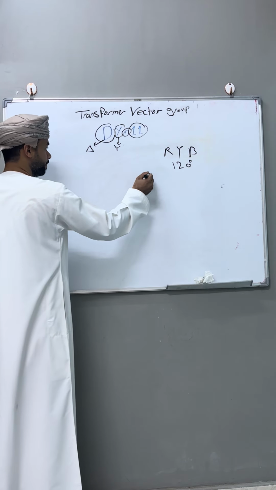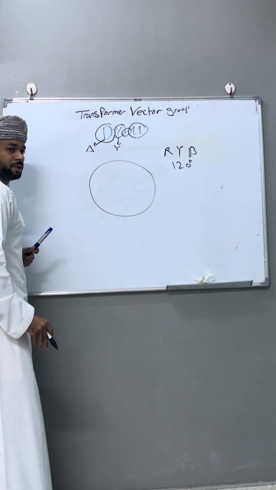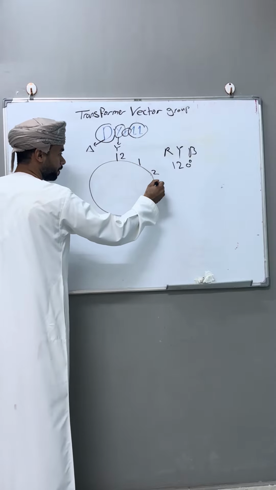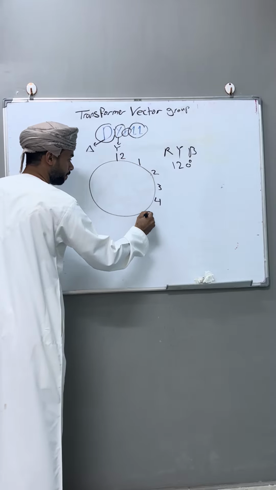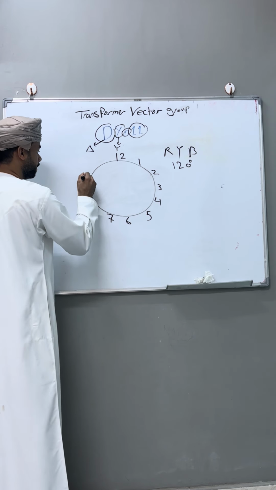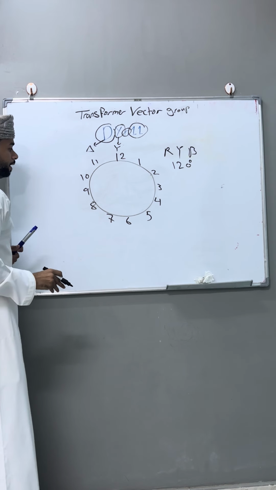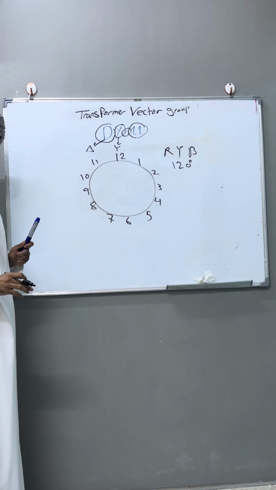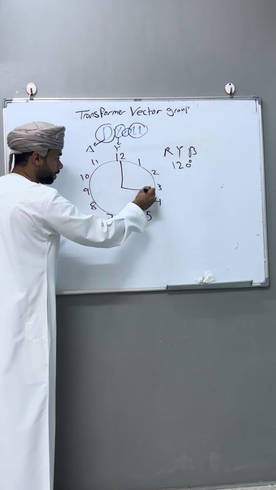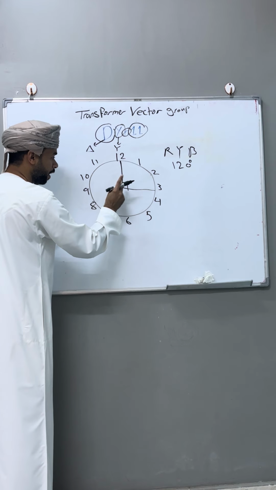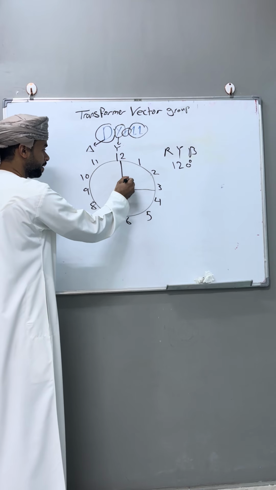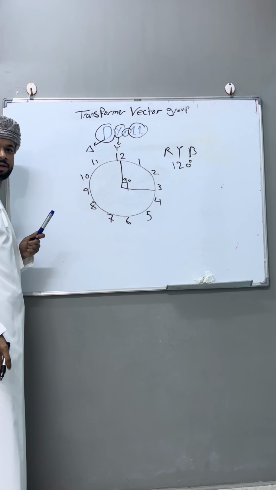Now let's draw a clock like this one, and here we have 12, 1, 2, 3, 4, 5, 6, 7, 8, 9, 10, 11. Okay, now we have this clock. If you draw like this one, and ask how many degrees it is here, everyone will say 90 degrees, right?